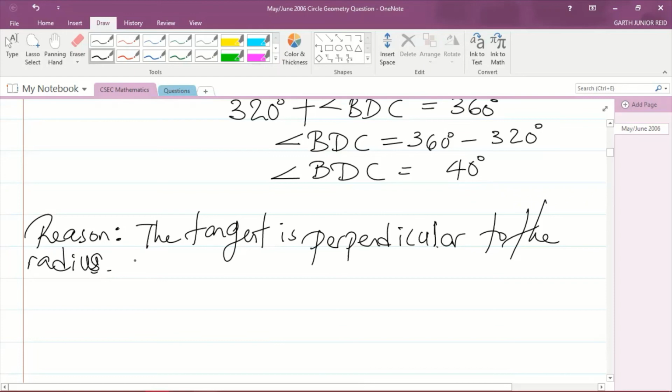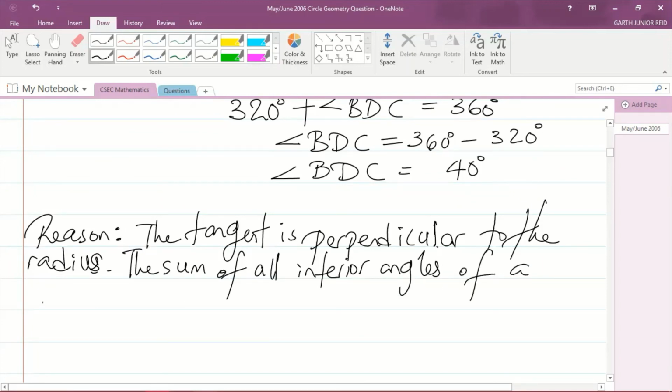And the other reason is that the sum of all interior angles of a quadrilateral, all right, so the sum of all the interior angles of a quadrilateral is 360 degrees.